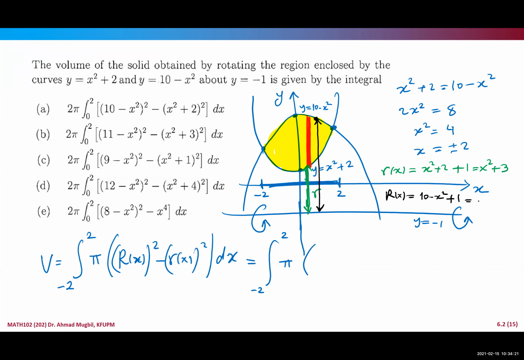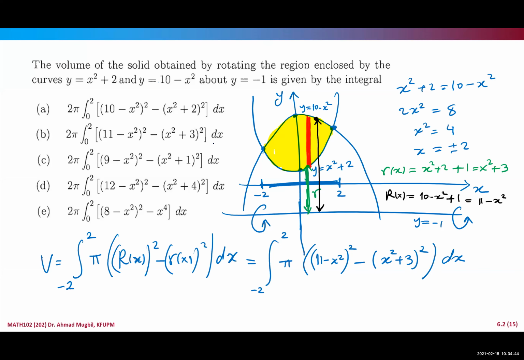So we will have 11 minus x squared. Now let's go back to my integral. So now I will just square here: 11 minus x squared, all squared, minus x squared plus 3, all squared, all of them integrated with respect to x.